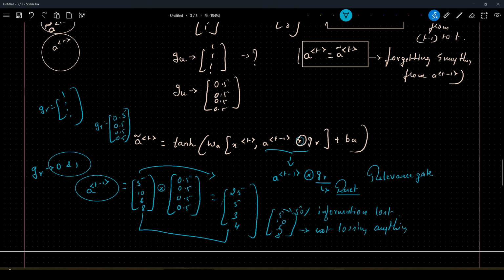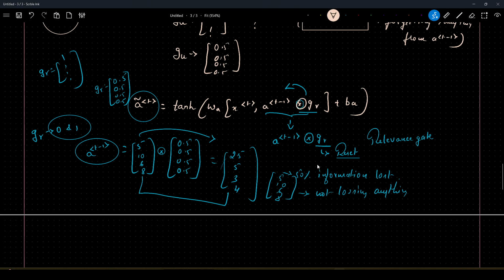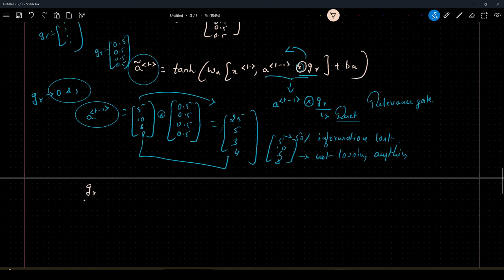So this GR in a way tells us how relevant AT minus 1 is to compute the candidate at time step t. I'll tell you again. This GR, which we call the reset gate, actually tells us how relevant the cell state from the previous time step is in computing AT, the candidate at time step t.